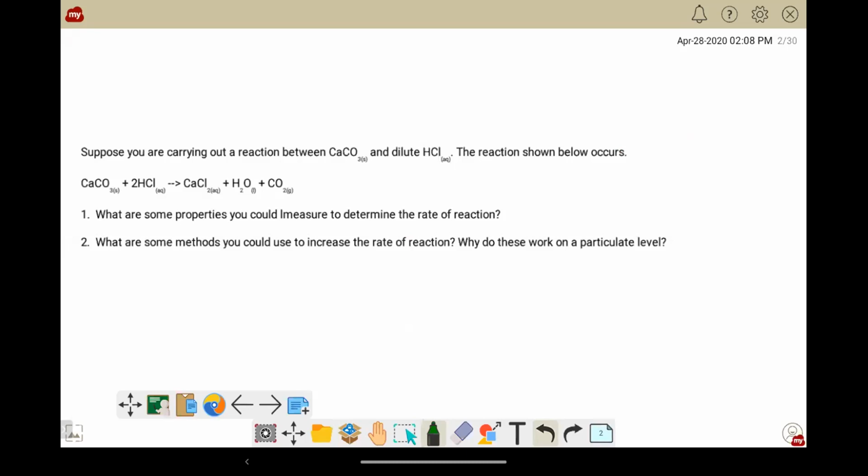And so we have chunks of calcium carbonate, so we'd have chunks of limestone or marble reacting with the dilute hydrochloric acid, and we're going to make a calcium chloride solution, some water, and some carbon dioxide gas. So the first thing I would ask you to think about is, what are some properties that you could measure to determine the rate of the reaction?